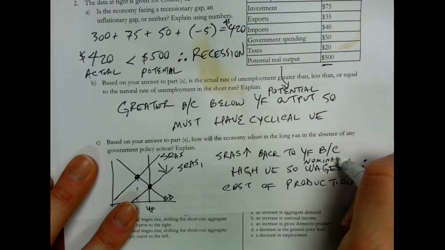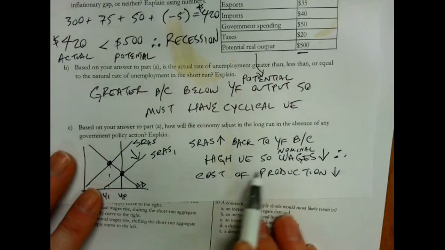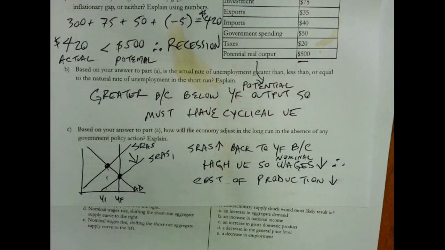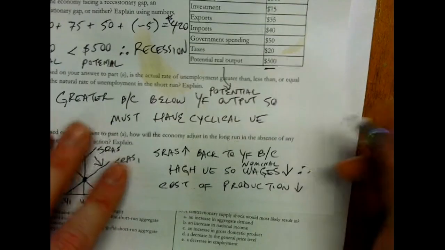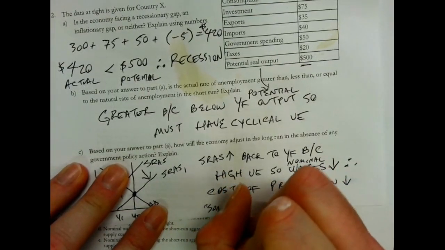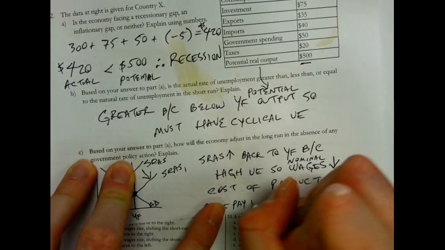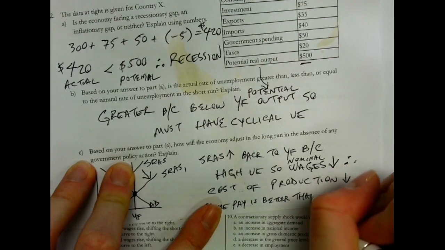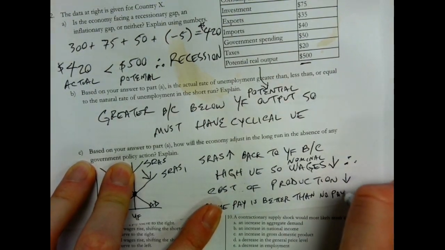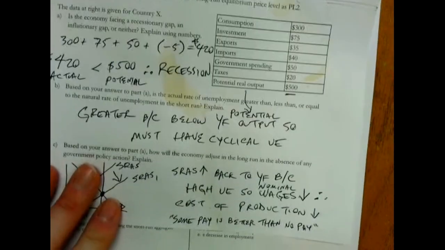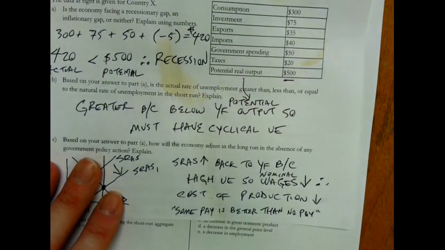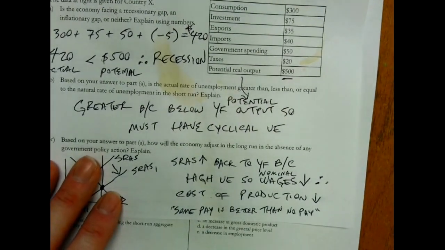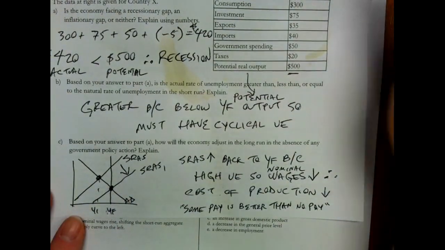They're not real wages in that sense. These are nominal wages are falling. And this is really because some pay is better than no pay. That's a phrase that I kind of used in class. So I'll put that over here to say, right, some pay is better than no pay. And so workers will be kind of induced to accept lower pay for employment. And as a result, the cost of production will fall, SRAS will shift back to the right, and will return to that YF level of output.